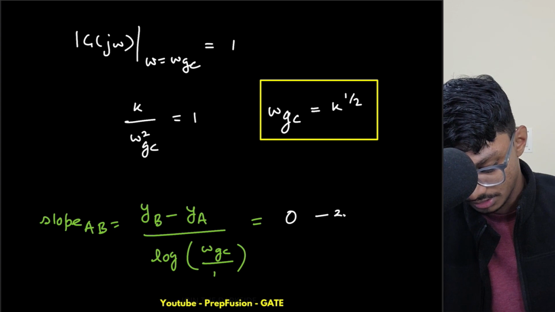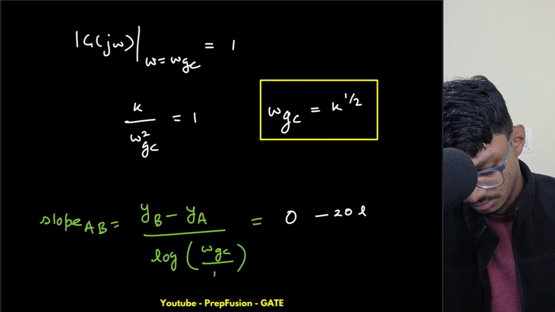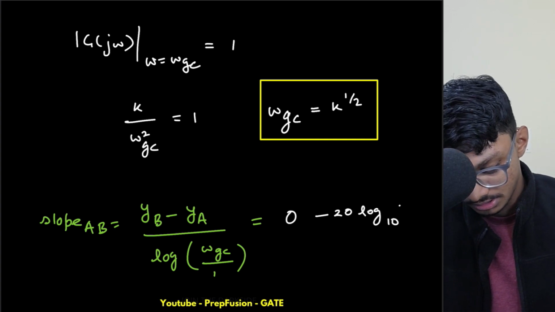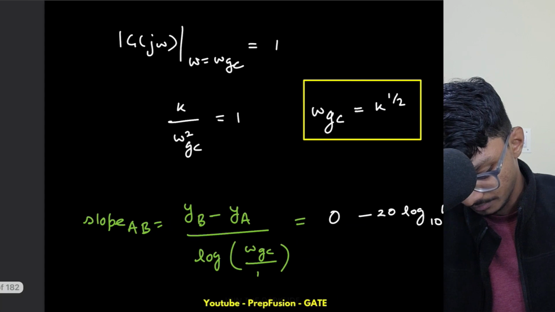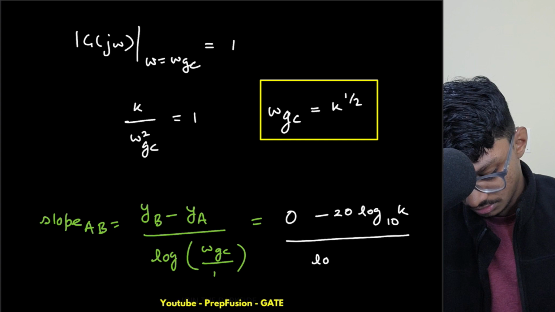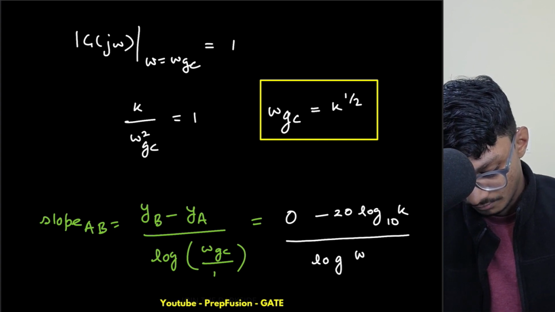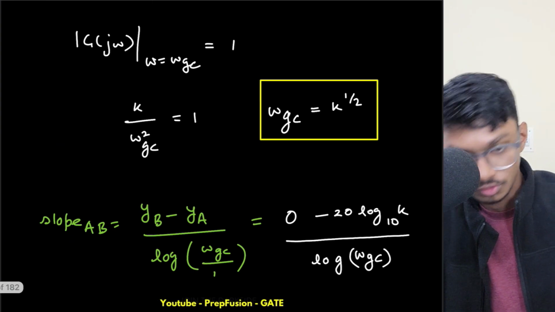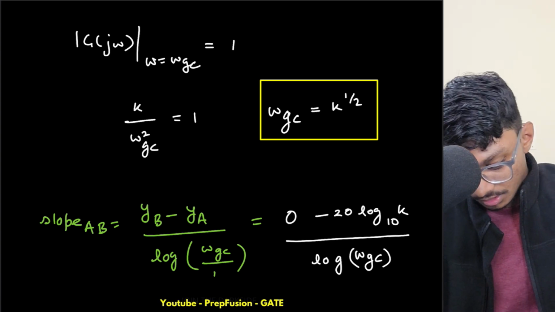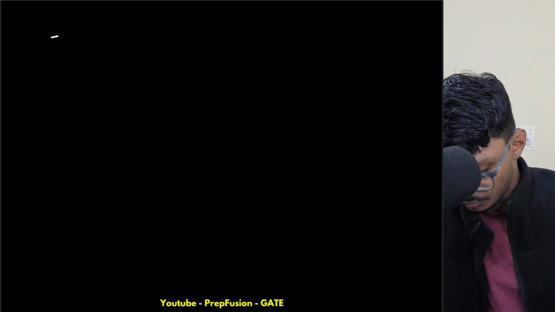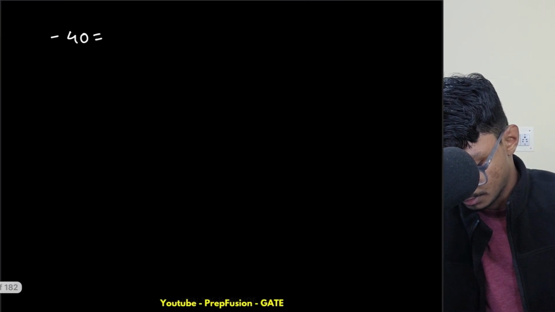And ya is 20 log base 10 of k, the magnitude here is k. So this is log of omega gc. And what is the slope? The slope is minus 40, and this is the same.